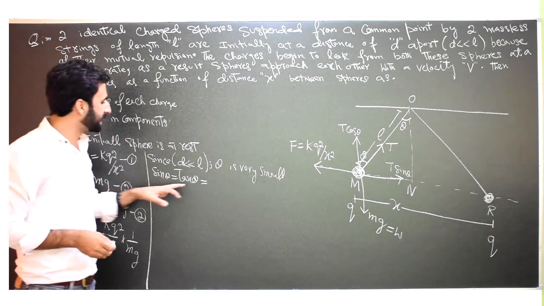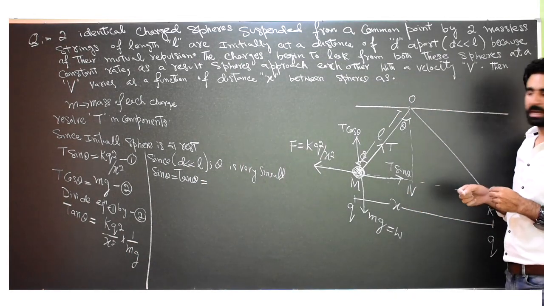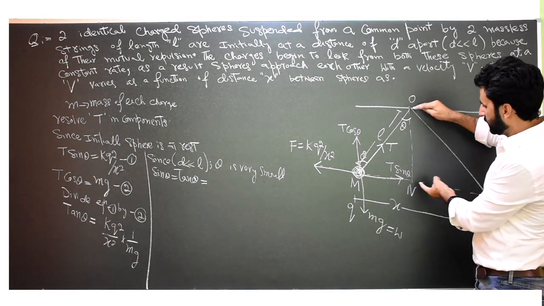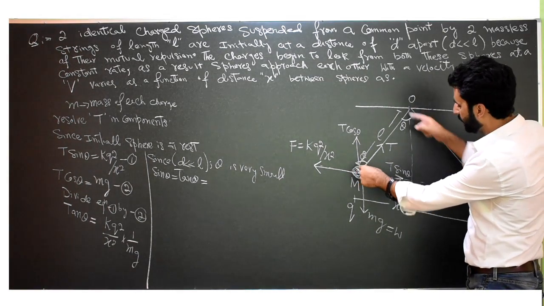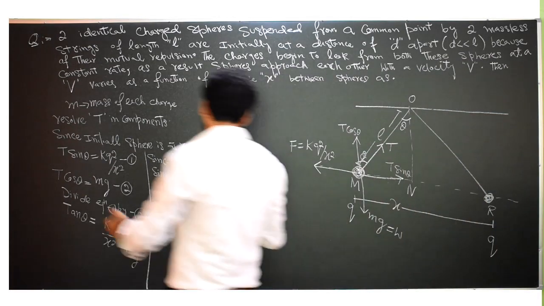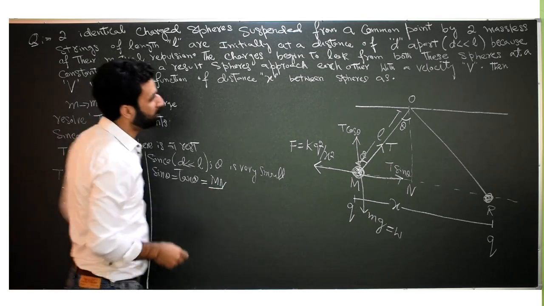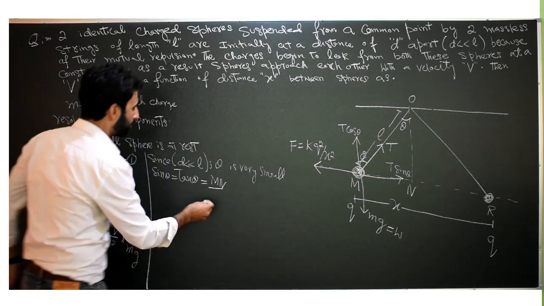And what will be sin theta? From this triangle, it will be perpendicular by hypotenuse. Perpendicular is MN divided by hypotenuse, and hypotenuse is OM.